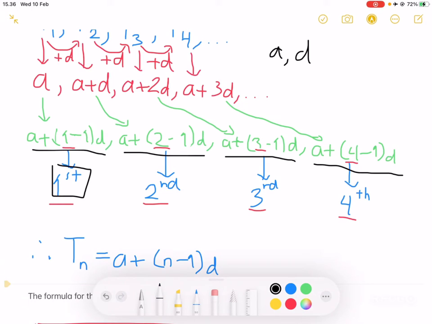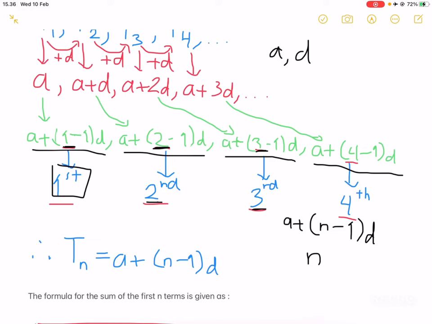So this 1 corresponds with this 1, this 2 corresponds with this 2, this 3 corresponds with this 3, and therefore, if we assume that we have the nth term, this will correspond to a plus, where we replace the constant with (n minus 1) times d. So this is kind of a, quote-unquote, visual proof for this. You can just rewrite some things a bit. So yeah.